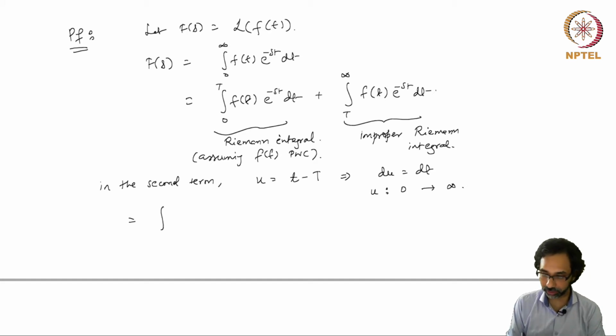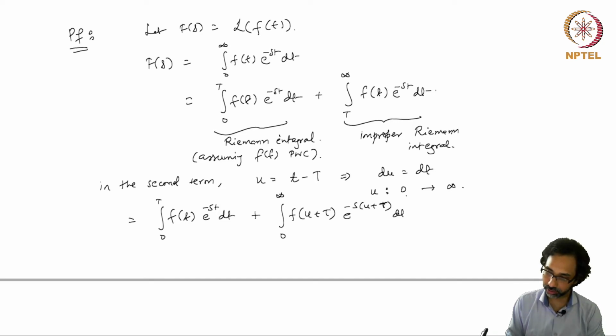So this equals the integral from 0 to T of f(t) e^(-st) dt plus the integral from 0 to infinity of f(u + T) e^(-s(u + T)) du.